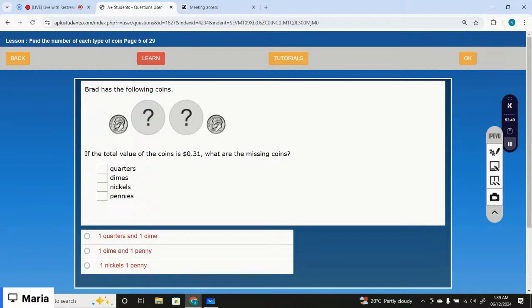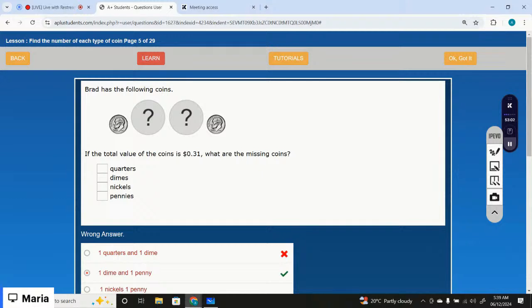The correct option is 1 quarter and 1 dime. That is 1 dime and 1 penny, right? Okay, you can complete the lesson by yourself later today.